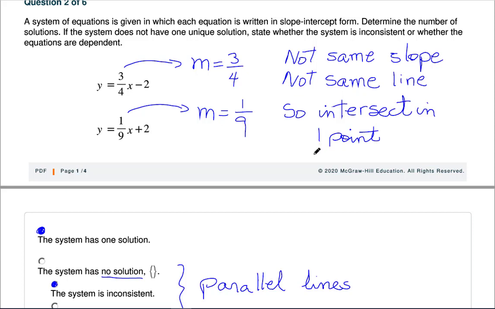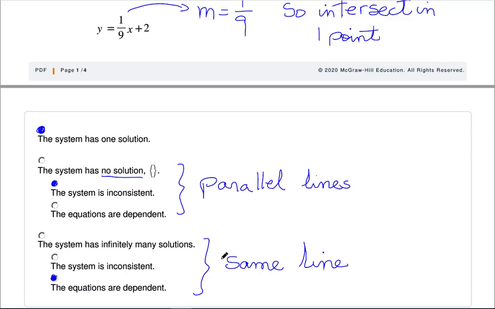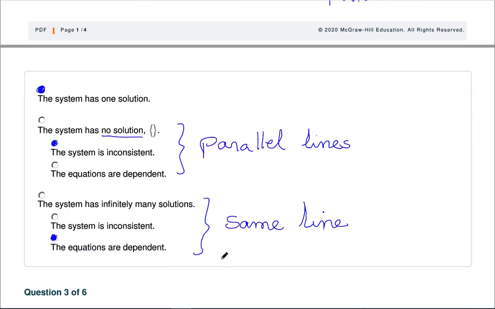Therefore, they will intersect in one point, giving the system has one solution. Now, in terms of the other possibilities, if it had no solution, that would be parallel lines, and infinitely many solutions would be the same line.